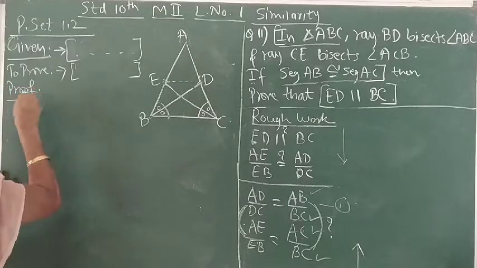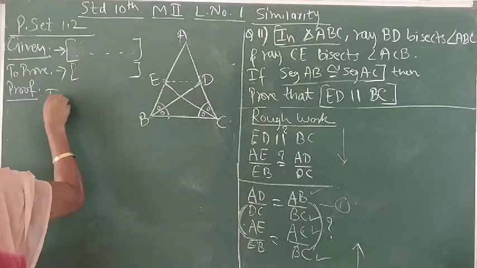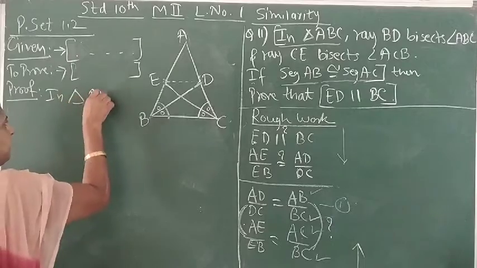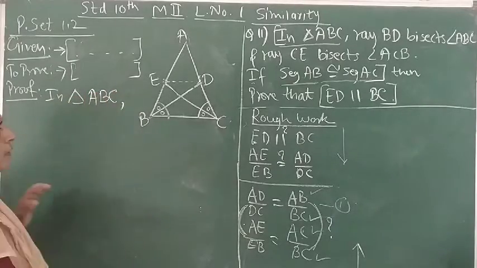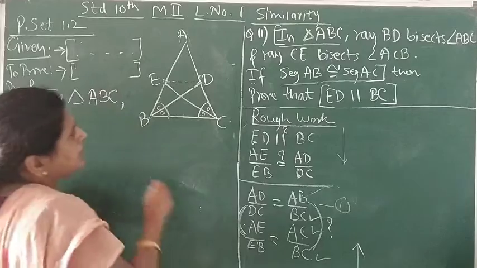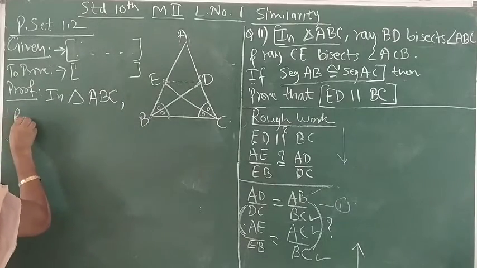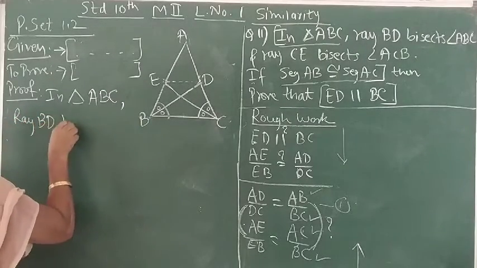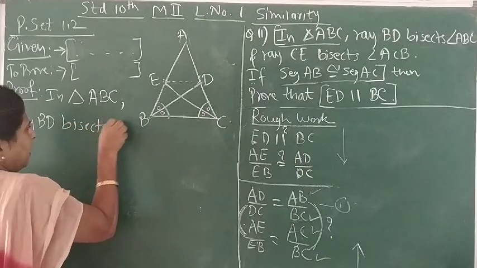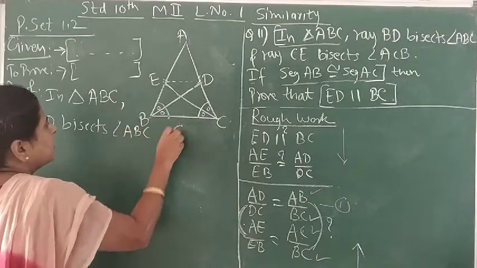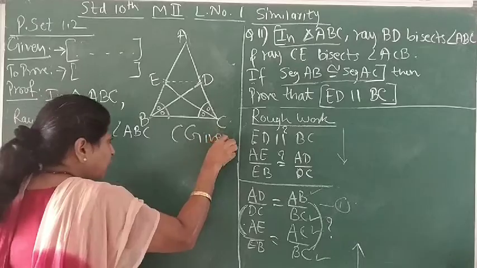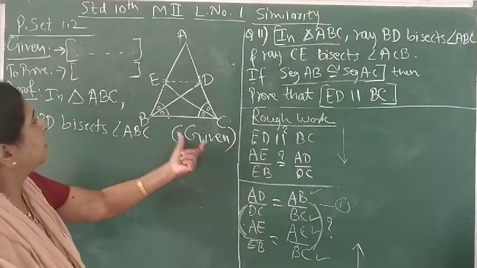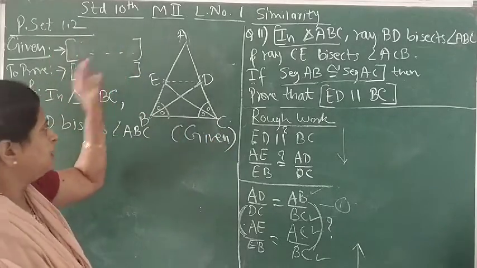Okay, so now we will start with: in triangle ABC, ray BD bisects angle ABC. Why are we saying so? It is given. So whatever is given should be mentioned initially.